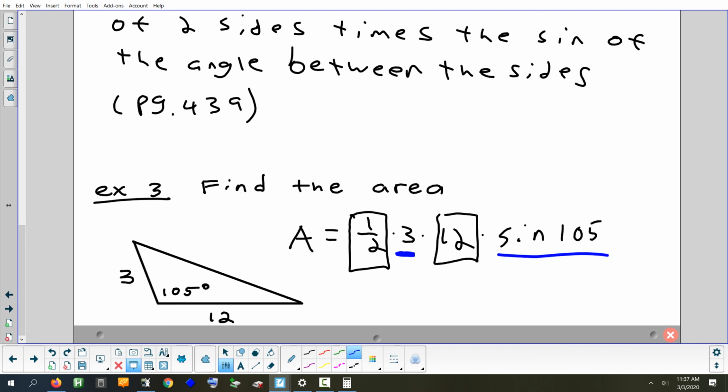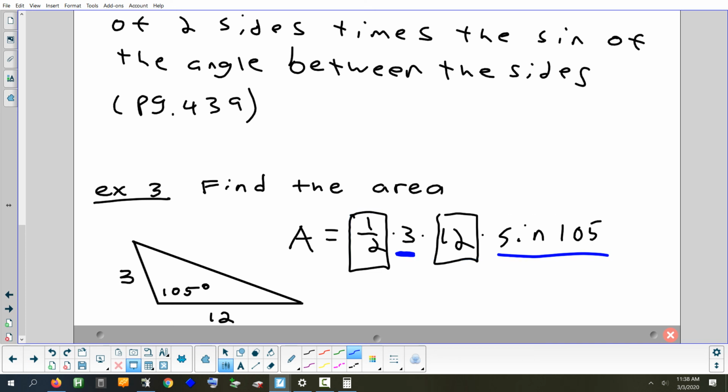If you were to make a right triangle out of this and use right triangle trig, the height of this triangle is 3 times the sine of 105. So that's what you're really doing, finding the height using right triangle trig. So 1/2, the base, and then what's underlined in blue is the height, which you didn't know. But the formula builds in finding it for you automatically.